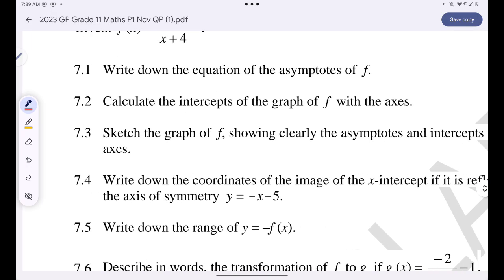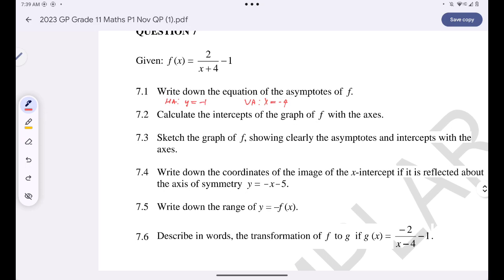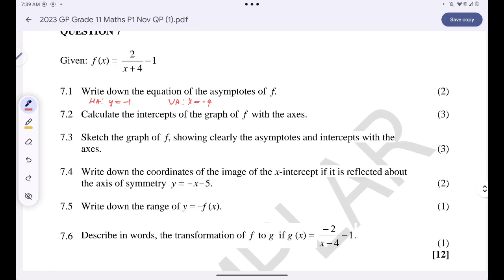For my horizontal asymptote, let me write HA: y is equal to -1, and for my vertical asymptote, x is equal to -4. Whenever you write the vertical asymptote, the sign that was here always changes, always.